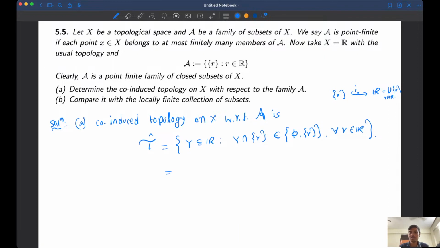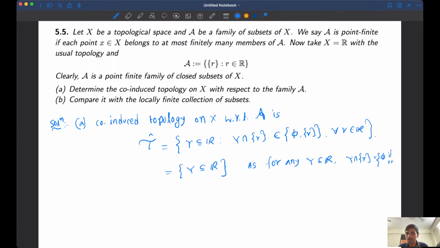So now I am saying that this is the restriction that I have put on Y, a subset of R, such that this happens, but this is not a restriction at all. If you pick any subset of R and intersect with a singleton set, that will always be either empty or the singleton set R itself, depending on whether R belongs to that subset or not. So this is not a restriction at all. So this consists of all subsets of R. For any Y subset of R, Y intersection R will always be equal to phi if R does not belong to Y, or singleton R if it belongs.